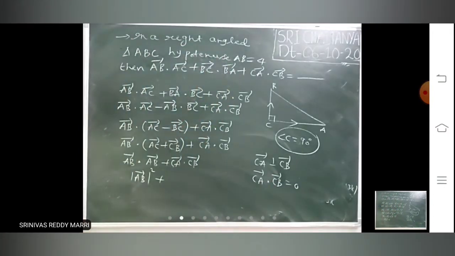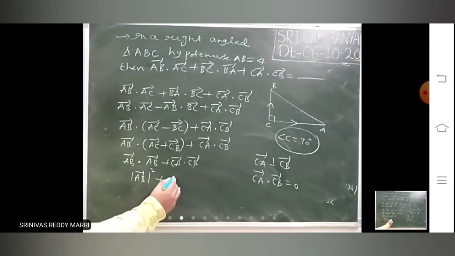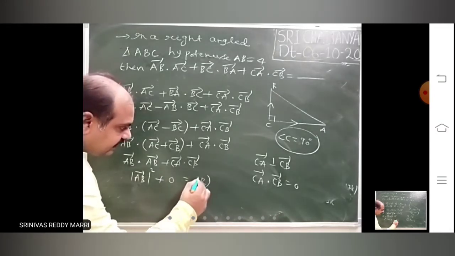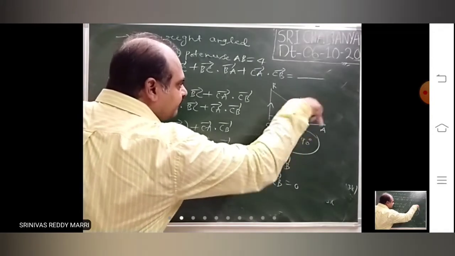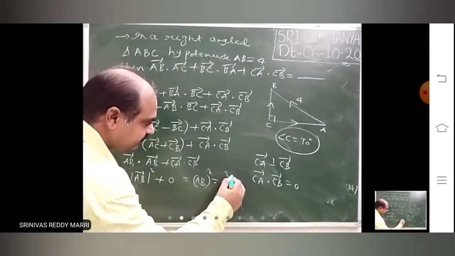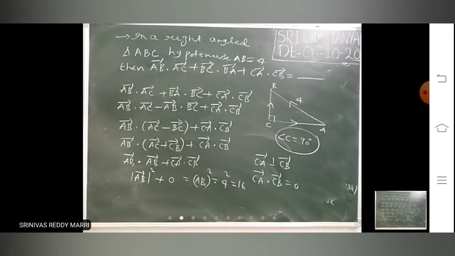Is nothing but 0. These are two perpendicular, angle between them is 90. Therefore, this is 0. Modulus AB bar is nothing but AB length. That vector length AB. That means this is nothing but 4 square. The answer is 16.